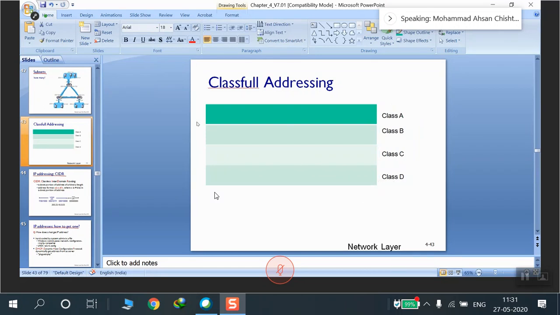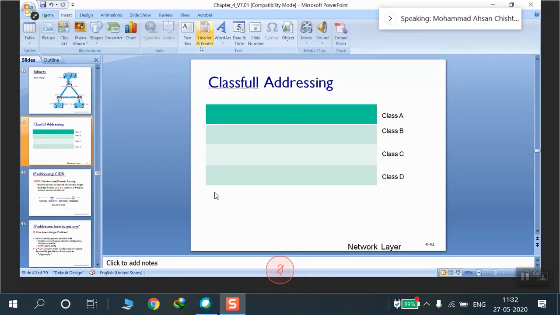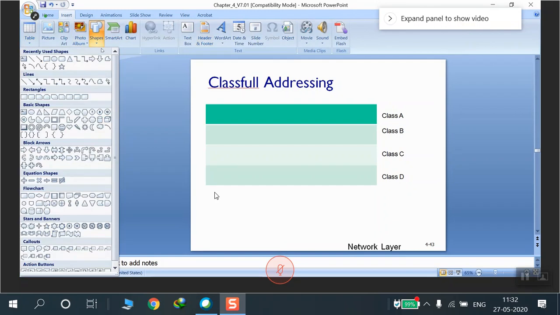Class A says the first 8 bits belong to the network. First 8 bits are the network part.